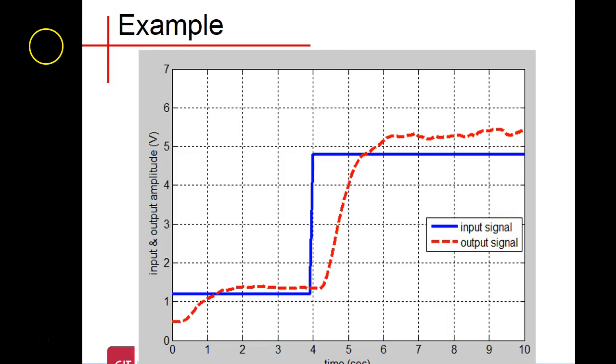So my time constant, as I said, we're looking at 63% of the change. We're talking about the time taken for the response to change by 63%.